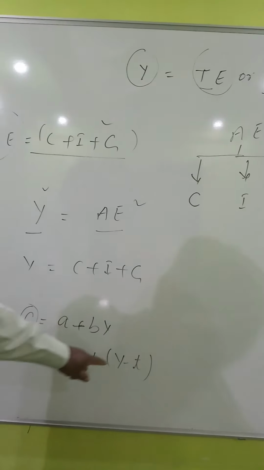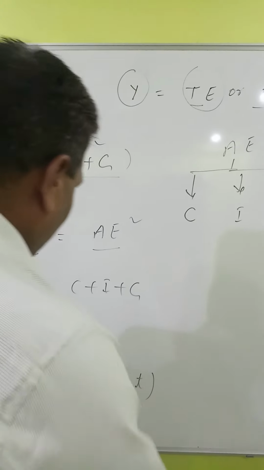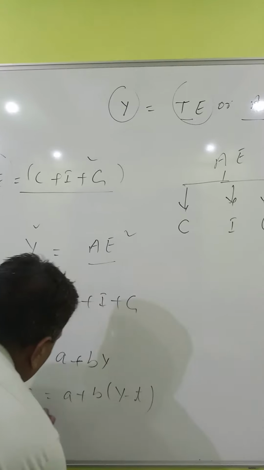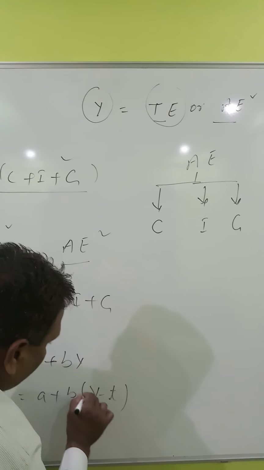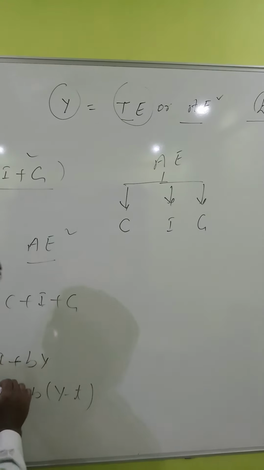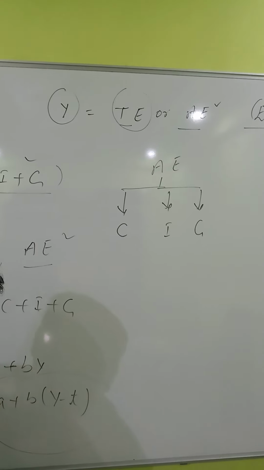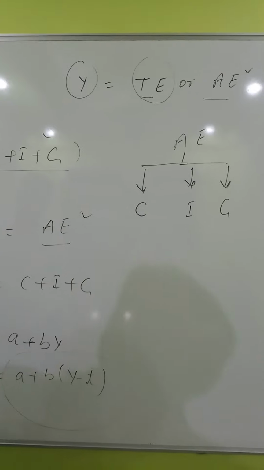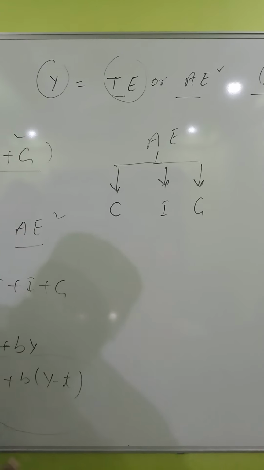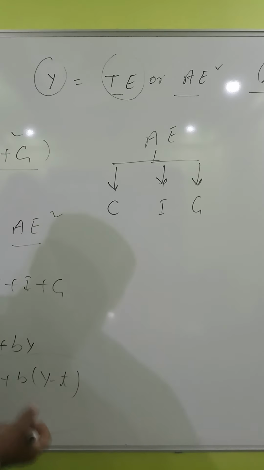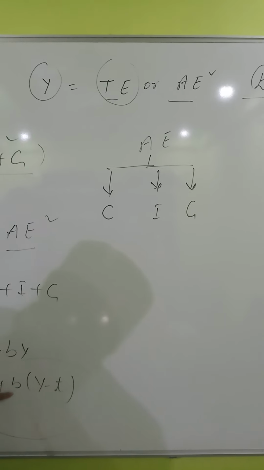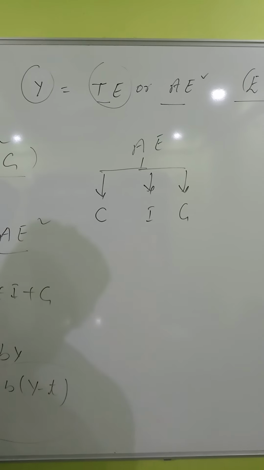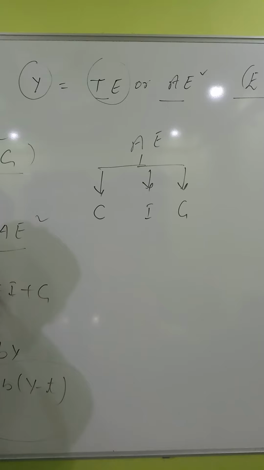Now we have deducted the taxes from the income level. C is equal to a plus b into (Y minus T). Therefore, in order to obtain the equilibrium level of national income, we can easily replace C with a plus b into (Y minus T).